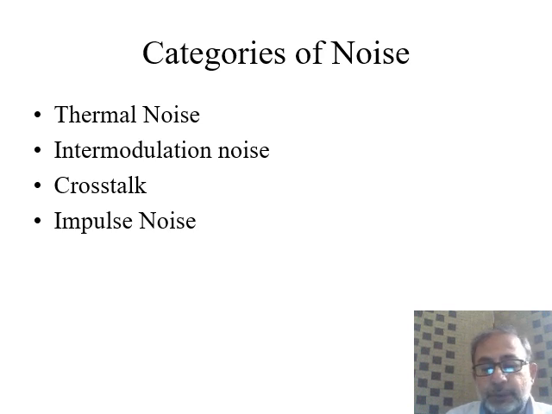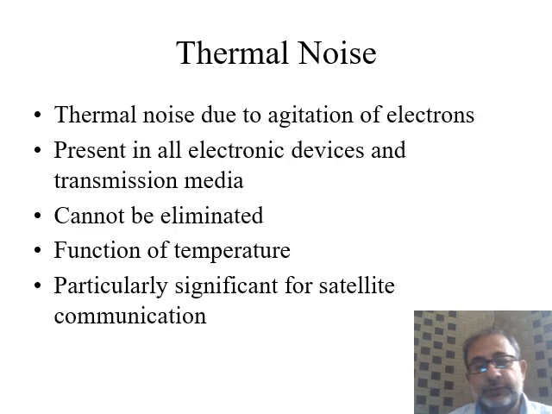Thirdly, we've got crosstalk, which affects our communication, because if we have the effect of one communication on another communication, it would be called a crosstalk, and it is extremely undesirable in a communication system. Then we've got impulse noise. You'll see each one of them one by one also.